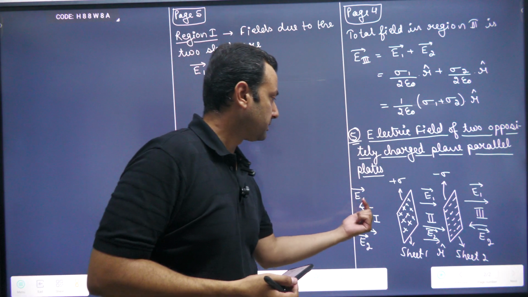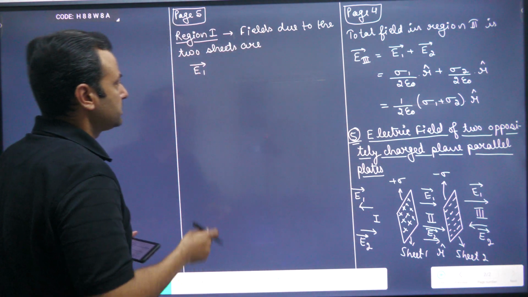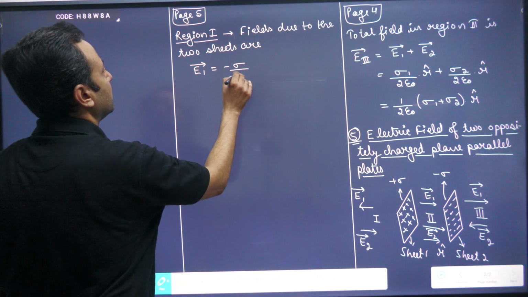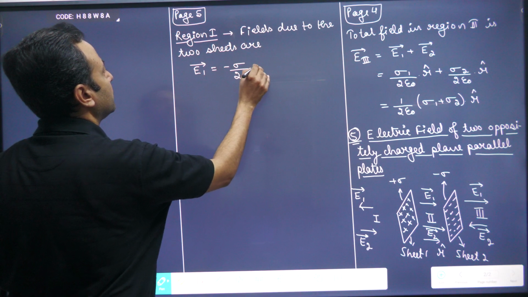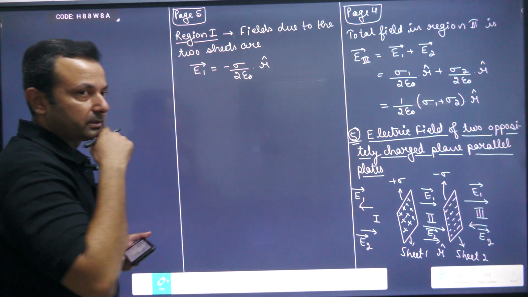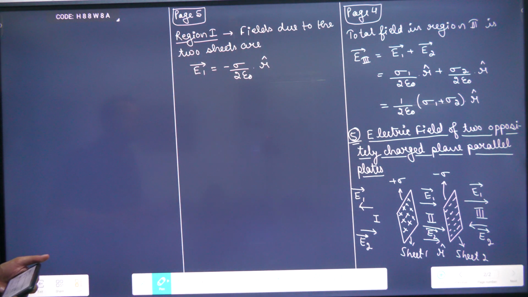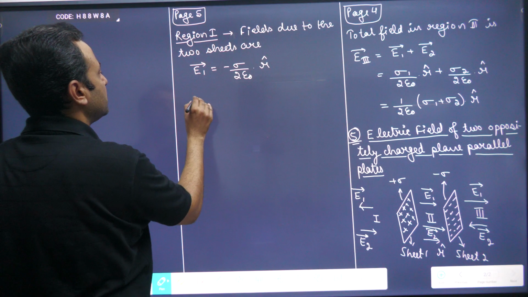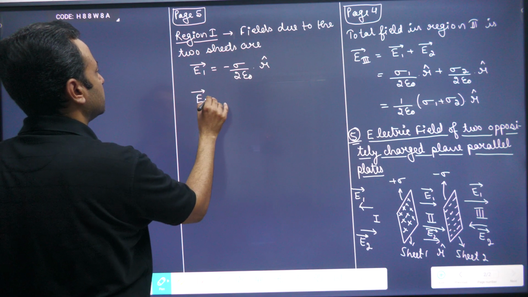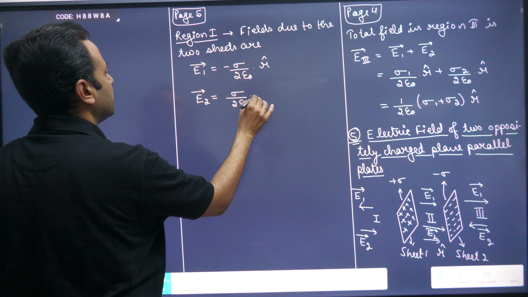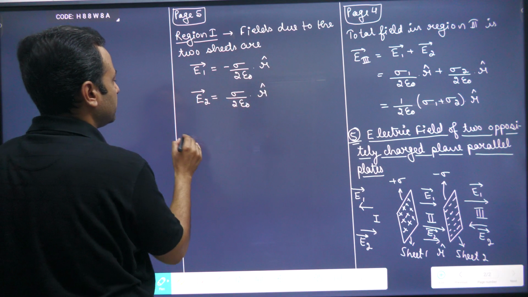E1 is towards left. So E1 vector is minus sigma upon 2 epsilon naught r cap, because it is towards the left. That's why I have taken this negative sign. And E2 vector is towards right, so sigma upon 2 epsilon naught r cap.